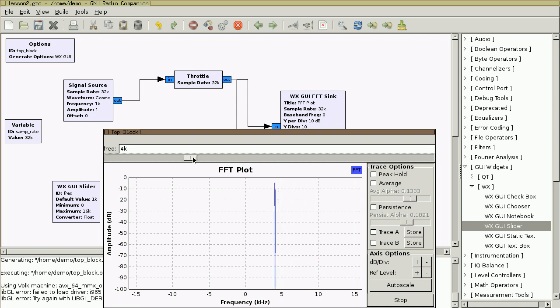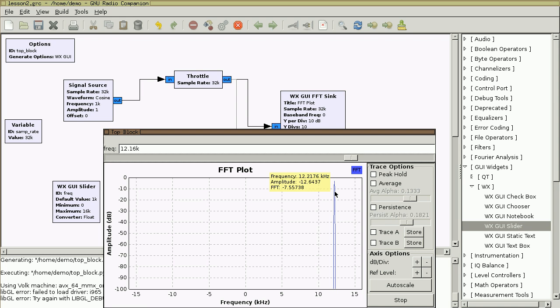So during that little transition period, while the FFT is getting maybe just a little bit of one frequency and then a little bit of another frequency, you see a lot more frequencies appear here in the FFT plot. But then while it's stable, you see one spike. I think that's kind of interesting.